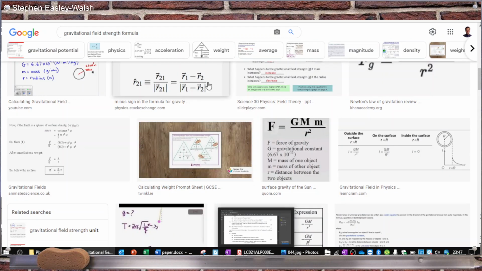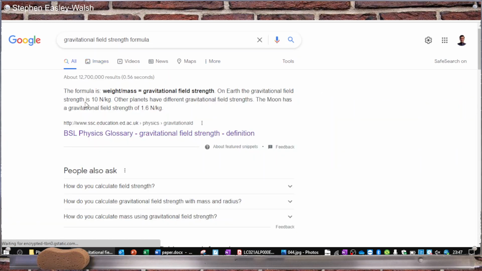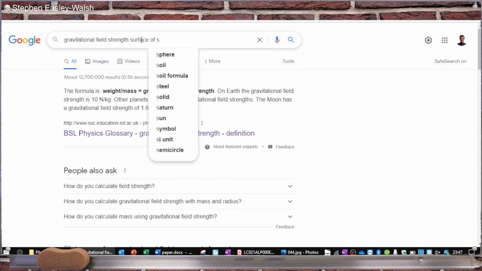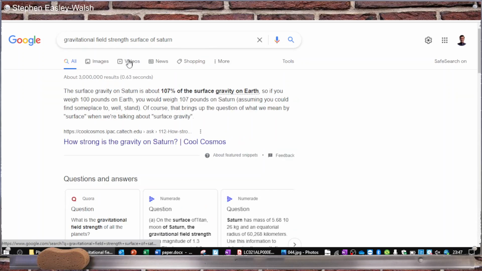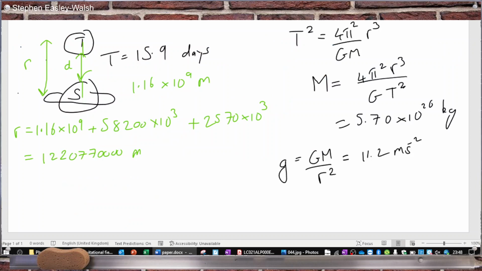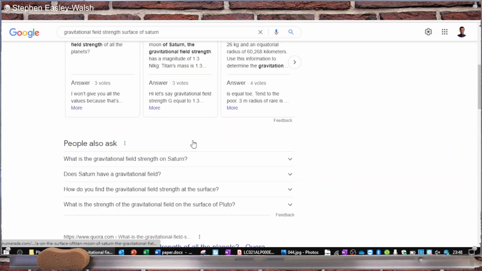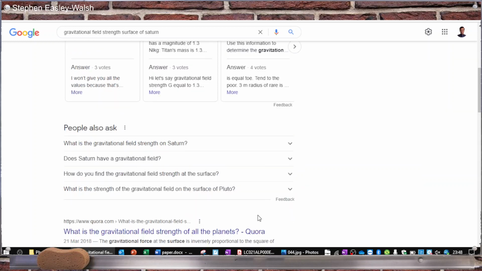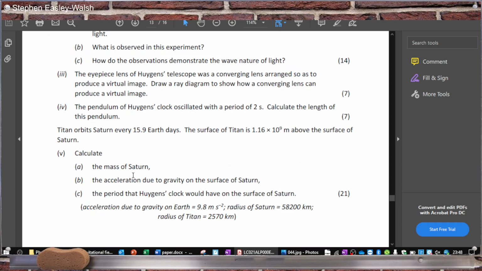So I wonder why my answer's different. Oh, there you go. That looks better. The surface gravity on Saturn is 107% that of Earth. So 9.81 times 107% is 10.5. Not exactly the same, but okay. I guess we'll just continue.